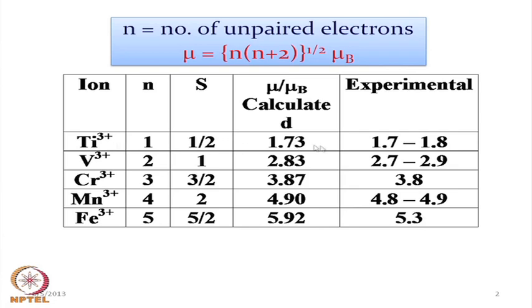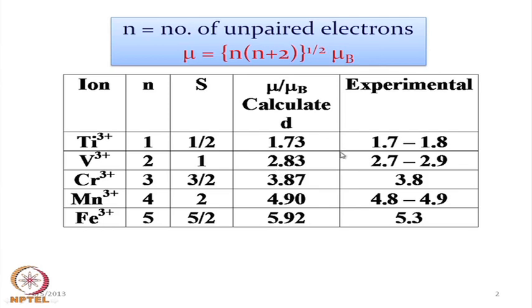So we do not have any orbital contribution, because we have seen that when an unpaired electron is present in a system such as a metal complex, it has its own spinning motion around its own axis as well as an orbital motion.